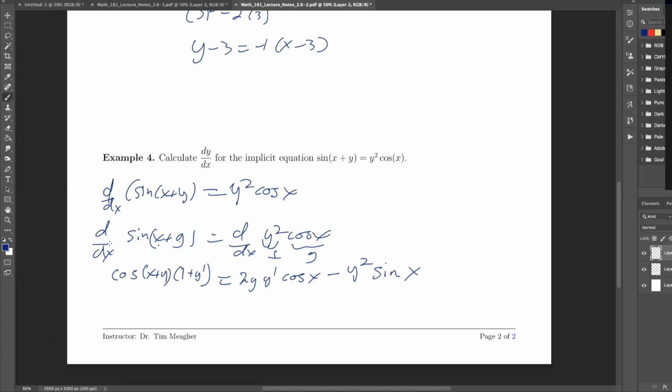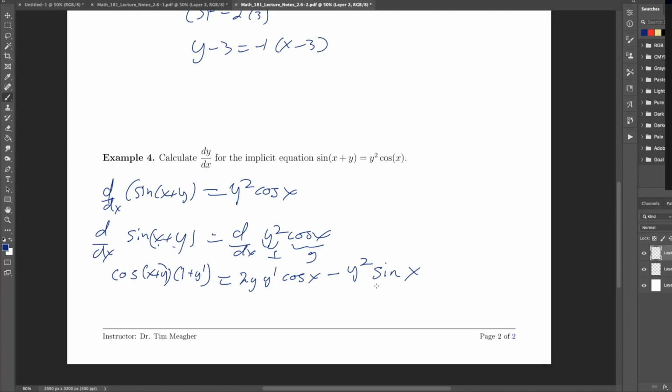So here, this is chain rule. Sine turns into cosine when we leave what's on the inside the same. Then I take the derivative of what's on the inside. Well, d/dx of x is 1, d/dx of y is y prime.